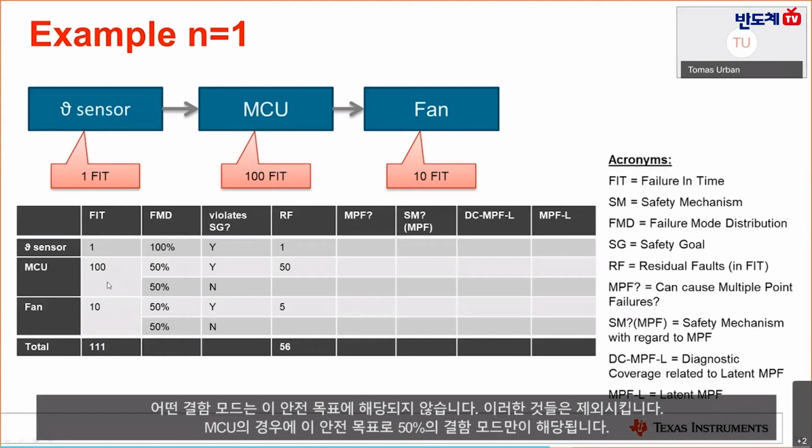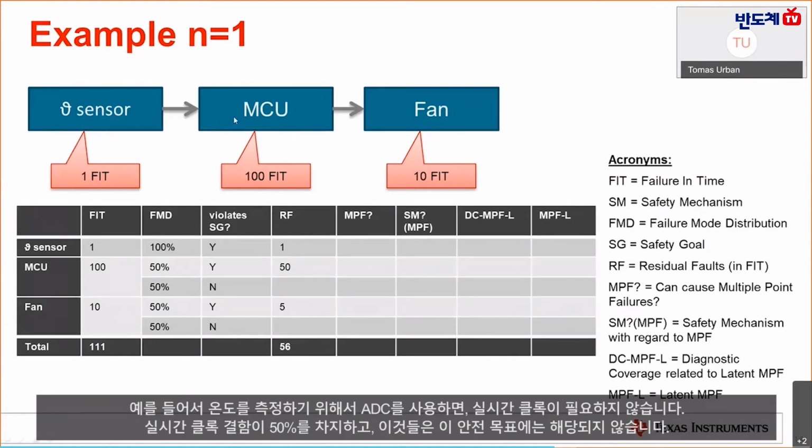And this actually really happens in the case of that MCU. We see that only 50% of the failure rates are relevant for our safety goal. So if we use an ADC for measuring the temperature, we perhaps do not need a real-time clock, for example. So the real-time clock failures are part of that 50% that are not relevant to the safety goal.